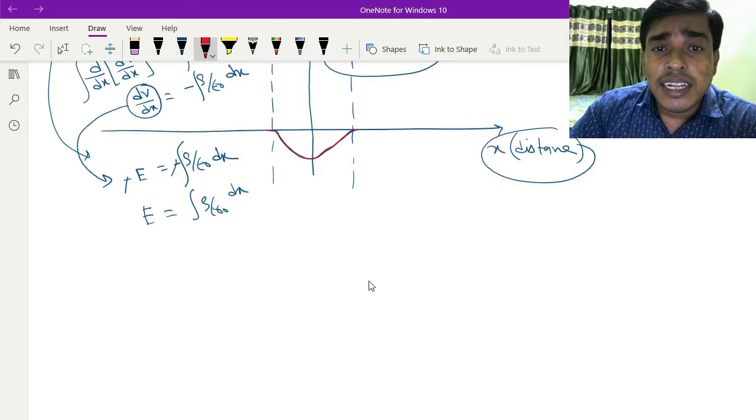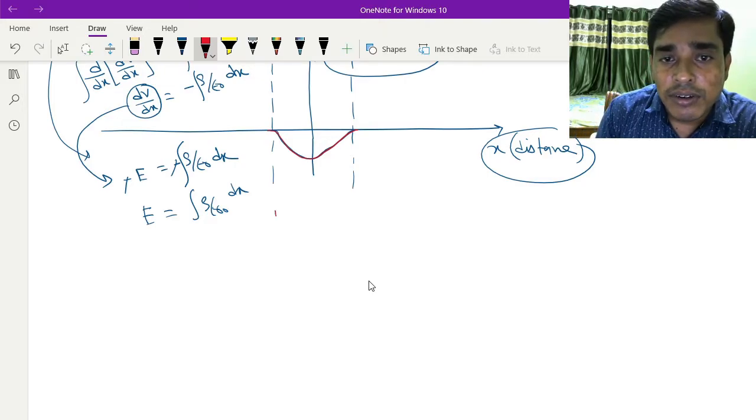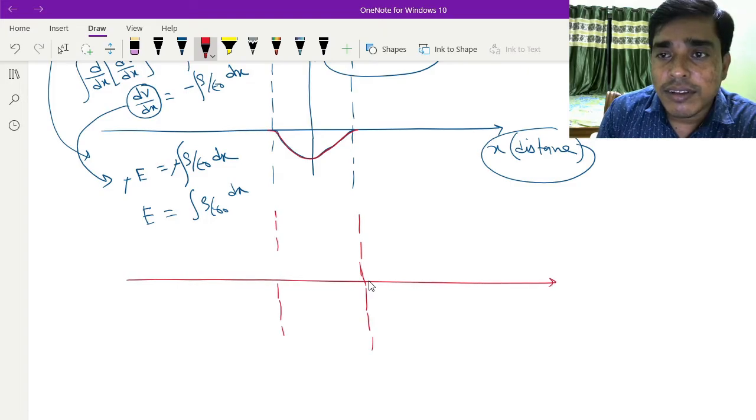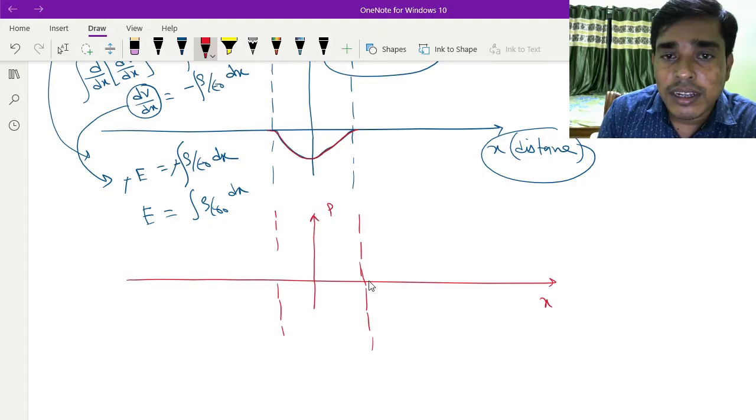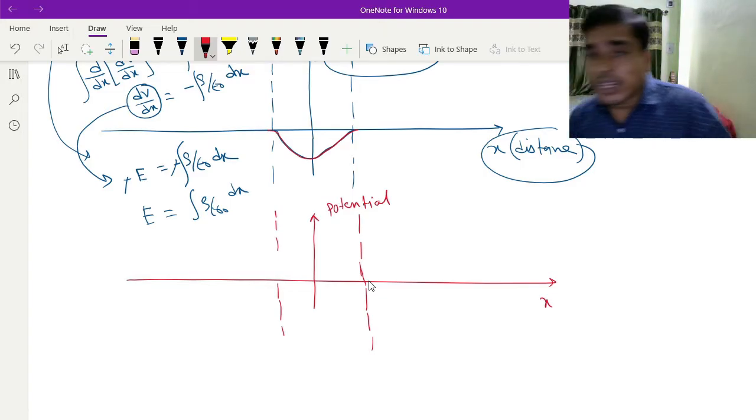Now if there is an electric field, there must be a potential drop. So if I draw the potential variation with distance, this is the x distance, and suppose this is potential. Then what will be the potential graph?